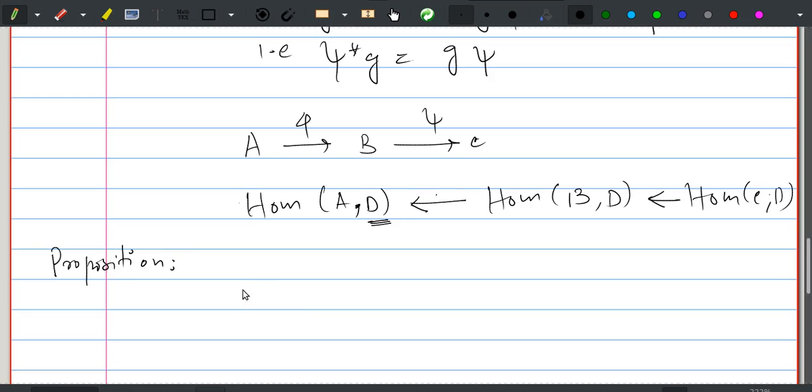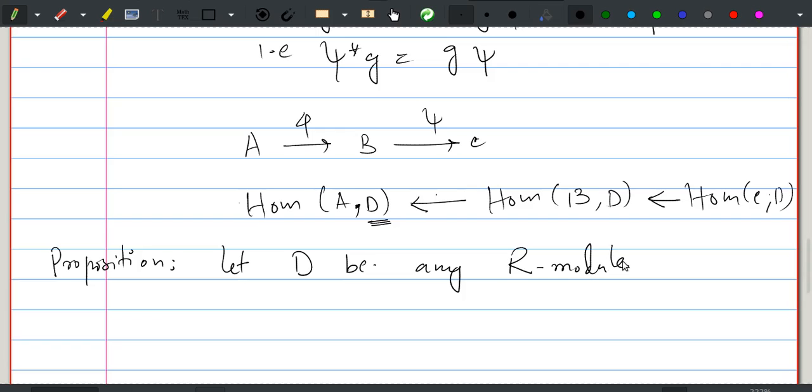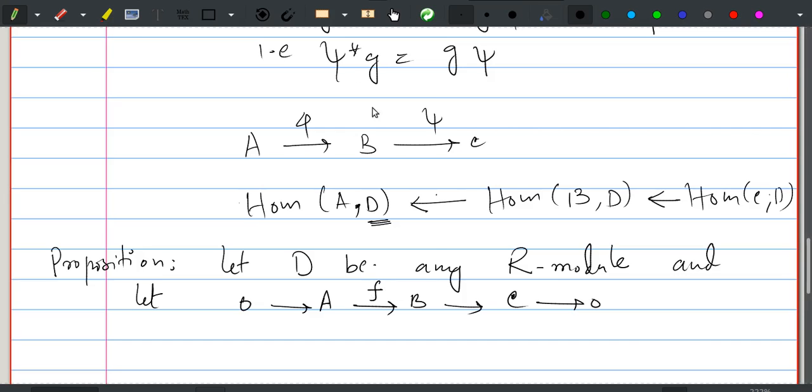It states that for any R module D and an exact sequence, suppose D is any R module, given to be an R module, and let 0 goes to A goes to B, B goes to C, and C goes to 0 be an exact sequence of R modules, with maps phi and psi.